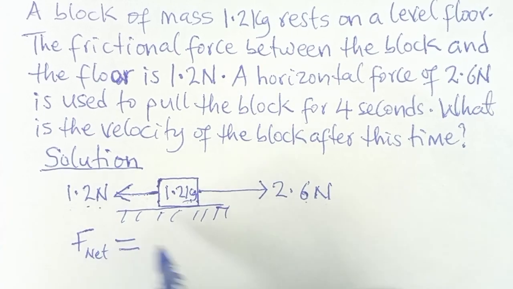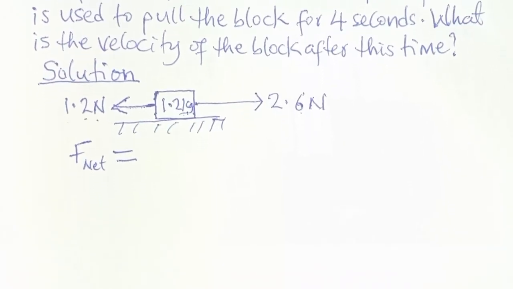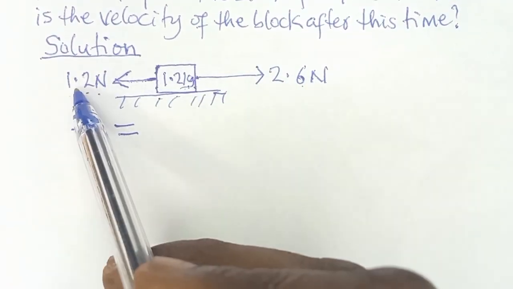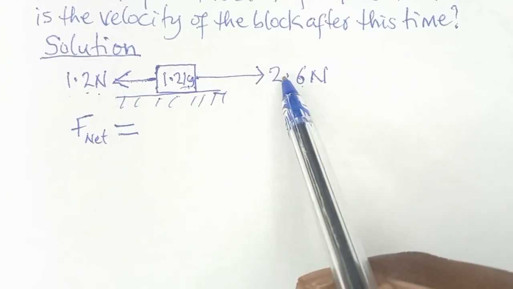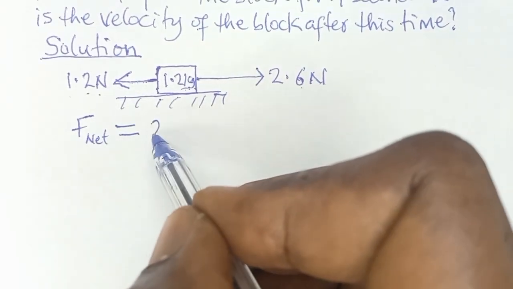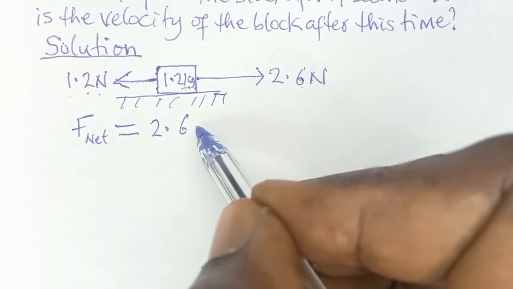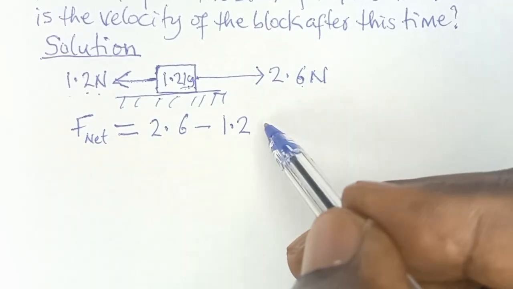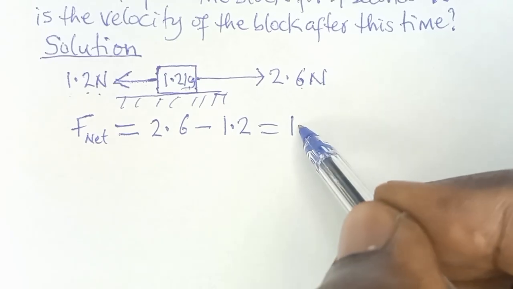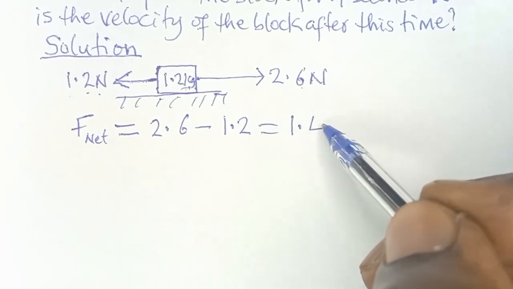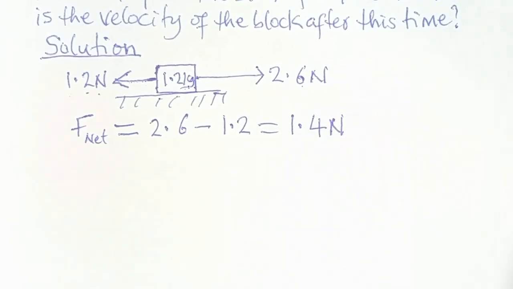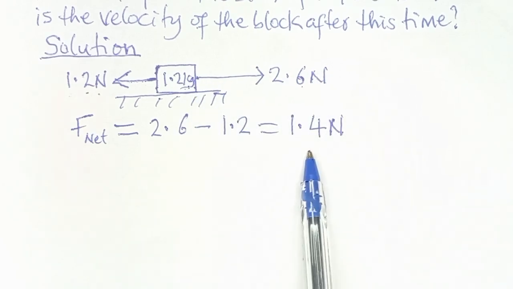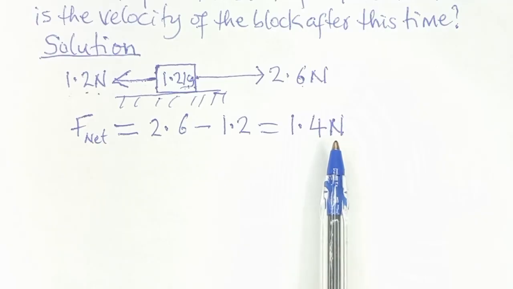The net force acting on the block is actually the difference between these two forces, because they are parallel forces and they are in opposite direction. So I'm going to say 2.6 minus 1.2, and that will give me the net force as 1.4 Newton. So the net force with which this block is moving in this direction is 1.4 Newton.